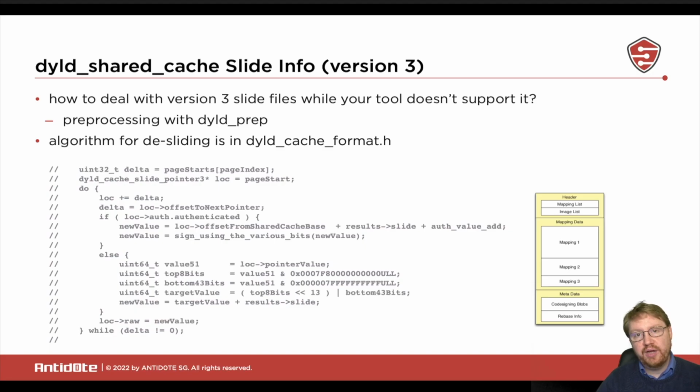So we have the same problem here again. If our tool does not support this yet, we need to pre-process it with our own tools. Again, the algorithm for the desliding, or basically fixing the content, is inside the comments of this dyld_cache_format.h from Apple.